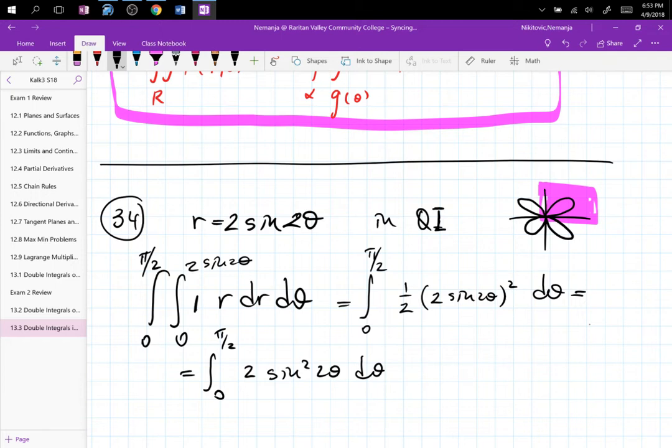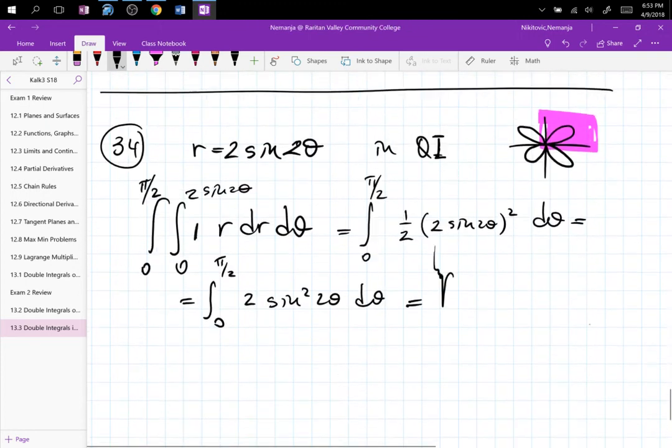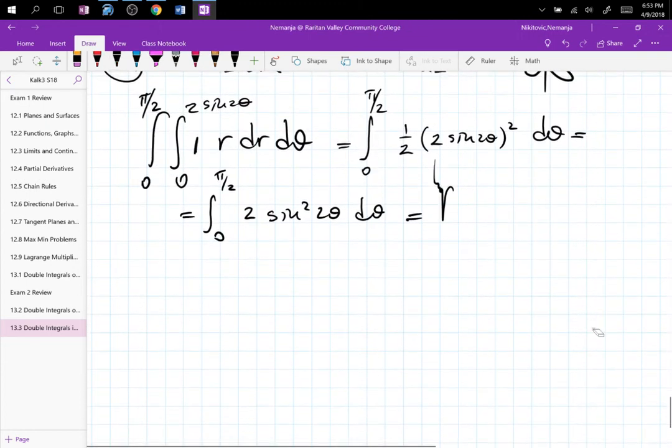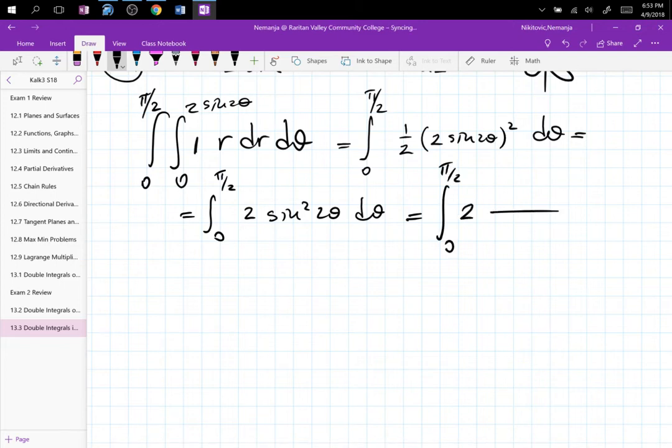So, power reducing formula. This is equal to, hold on. This is equal to 0 to pi over 2, 2 times, and power reducing, can anyone help me? Very good. Nice, nice. You all have 4 theta over there because it doubles the angle.